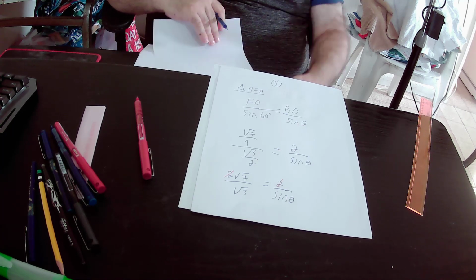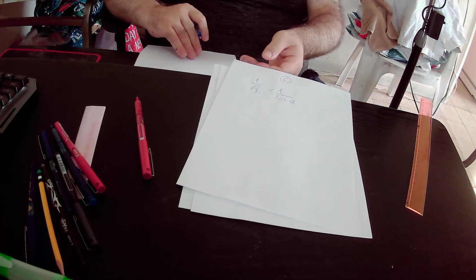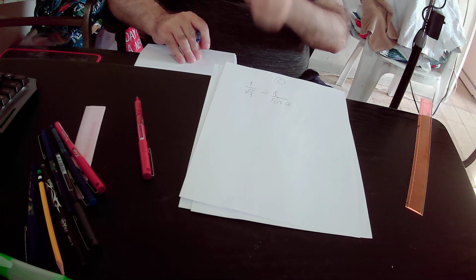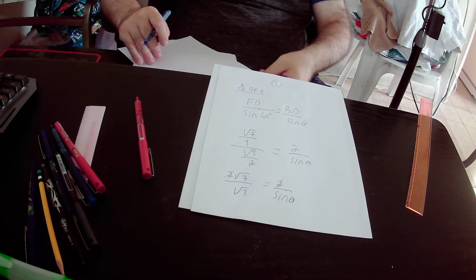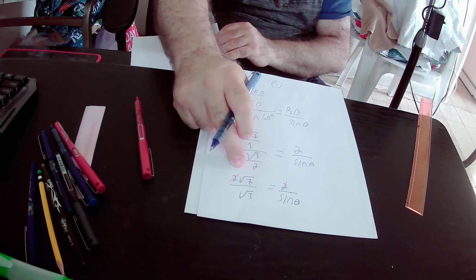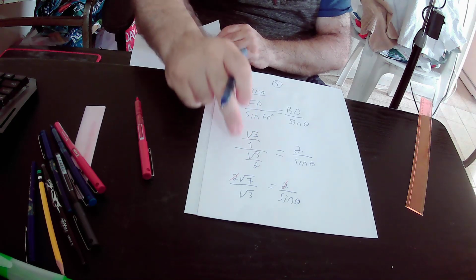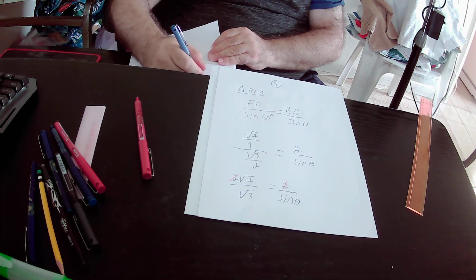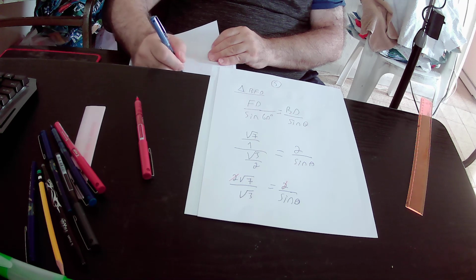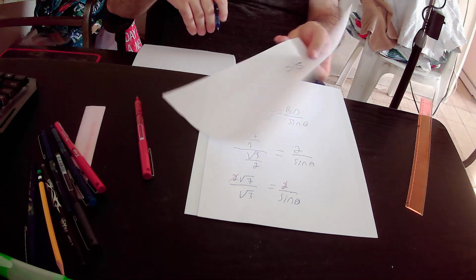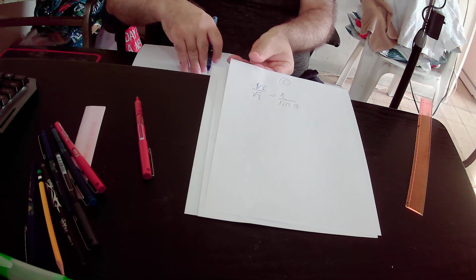Root 7 over root 3 equals 1 over sinus theta.